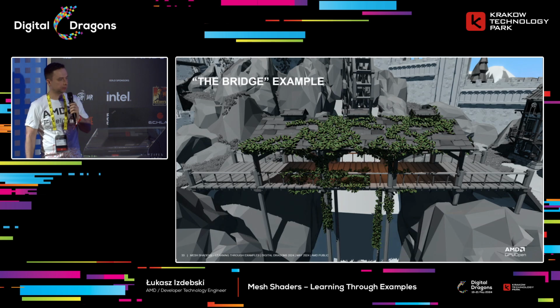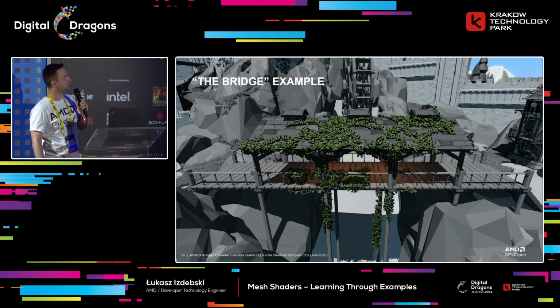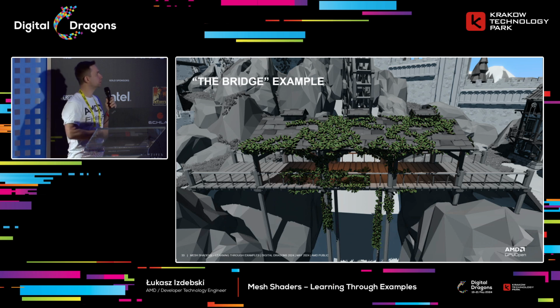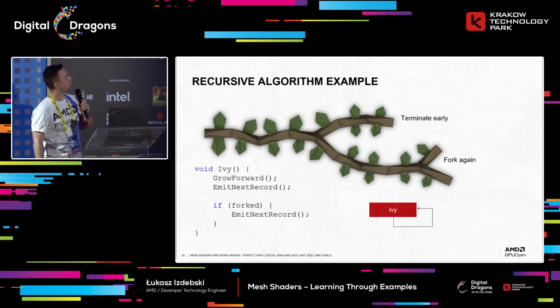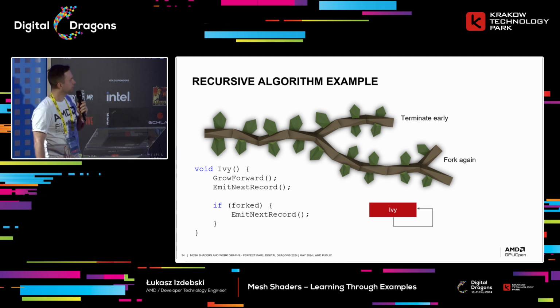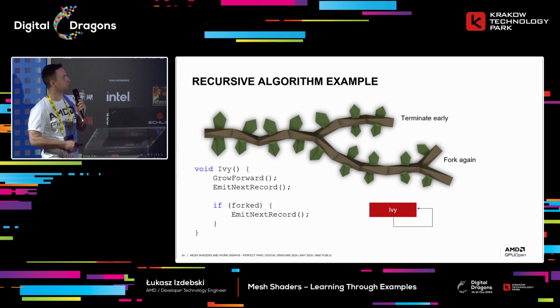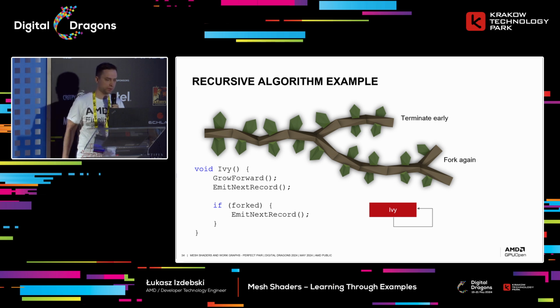The next part of our demo was to add, on top of the geometry, those ivy leaves, and with work graphs, creating such a thing is very easy, much easier than doing the same with different approaches, because as I said, in work graphs we can do recursive algorithms, so a node can call itself.